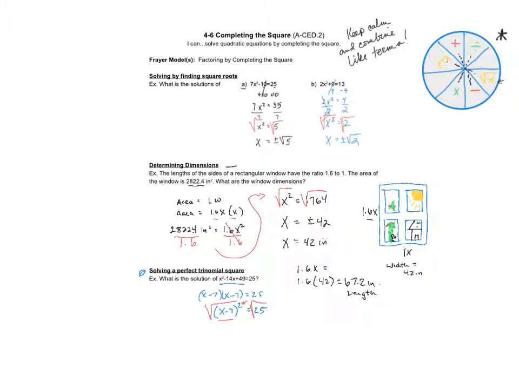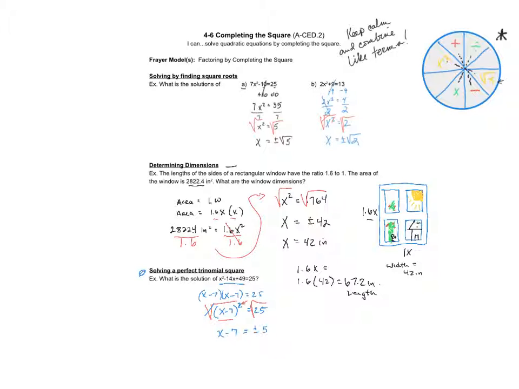Now, in doing so, my square root sign and my squared are going to cancel each other out. So then I have x minus 7 is equal to, we know that the square root of 25 is going to be plus or minus 5.